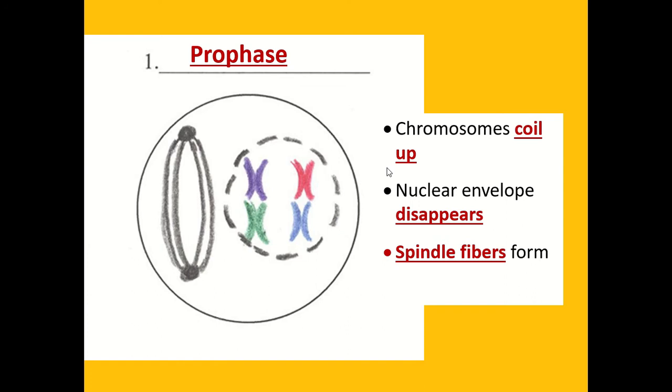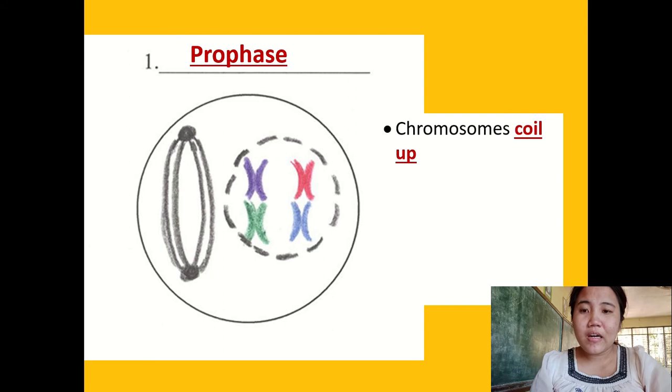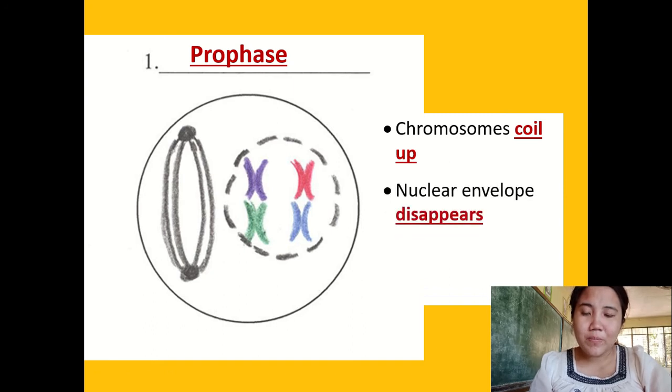So if you can still remember, I have here a picture of the prophase. So let's identify what is happening in prophase. Number one, chromosome coils up. As you can see here, the chromosomes start to be bold, and they are coiled up with the protein histones. Next, the nuclear envelope disappears.